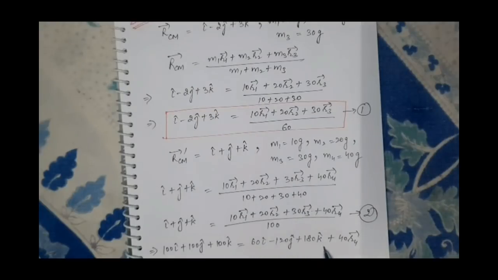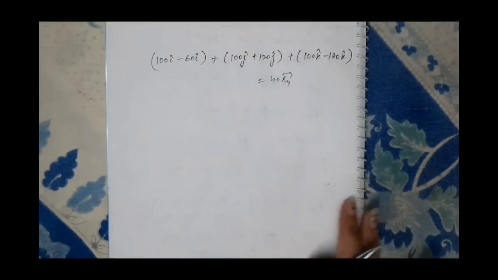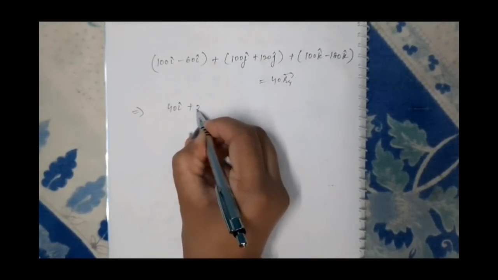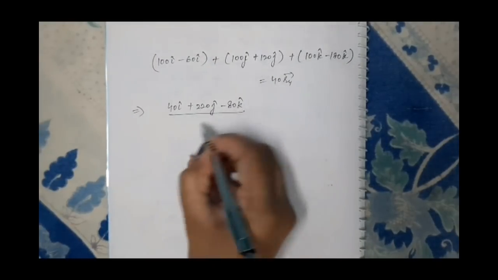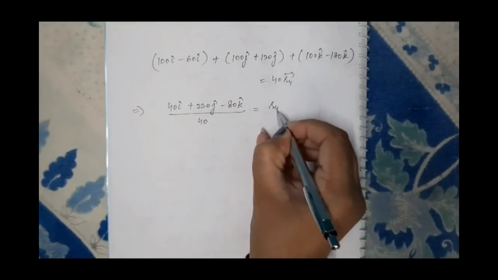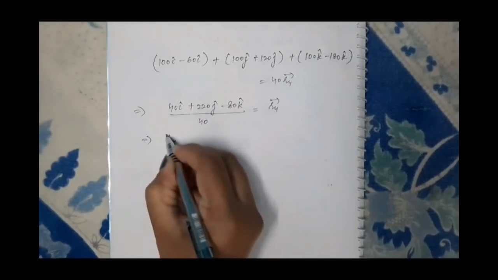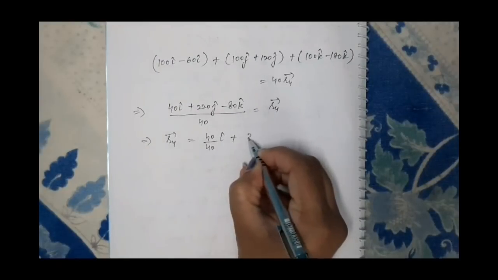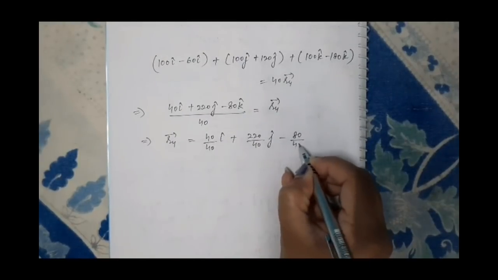Now move these three terms to this side and then we will calculate this r4 vector. So it will be 40 i cap plus 220 j cap minus 80 k cap divided by 40, equal to R4 vector. So R4 vector is 40 by 40 i cap plus 220 by 40 j cap minus 80 by 40 k cap.